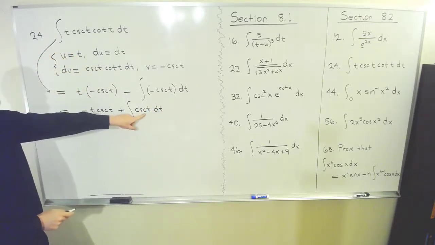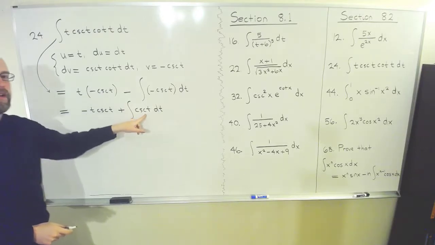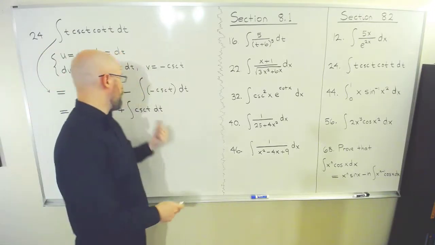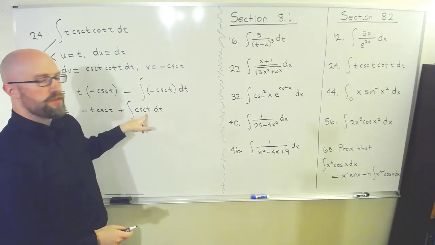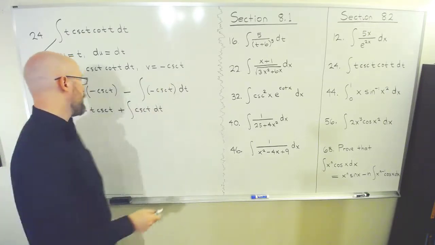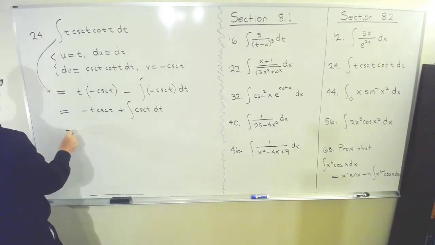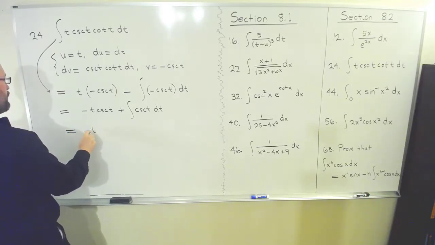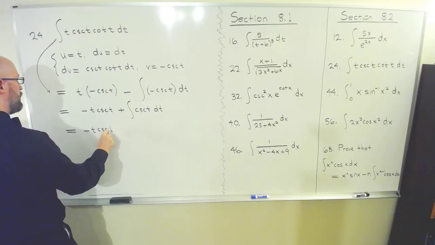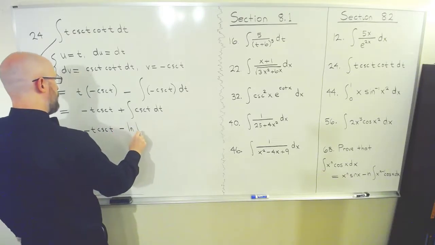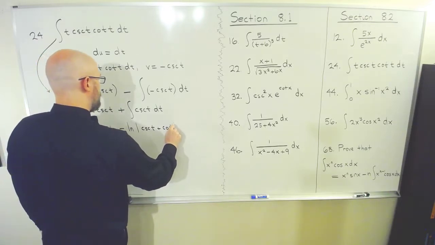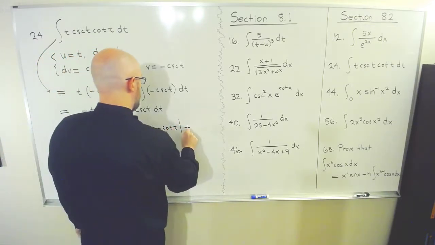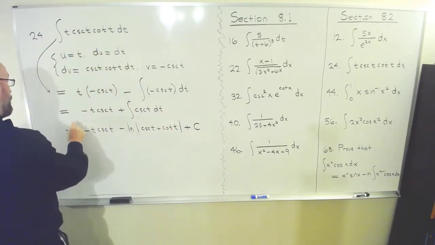Now it turns out that this integral is fair game to just remember or look it up, because this is one of the elementary trig functions, or at least it's 1 over one of the elementary trig functions. So it would be acceptable on your homework to just look up what it is, and it would come out to be negative ln of cosecant t plus cotangent t plus c, and that would be the answer.